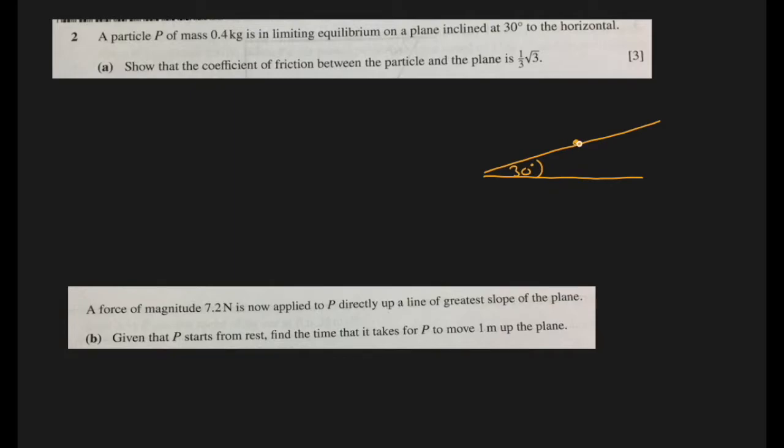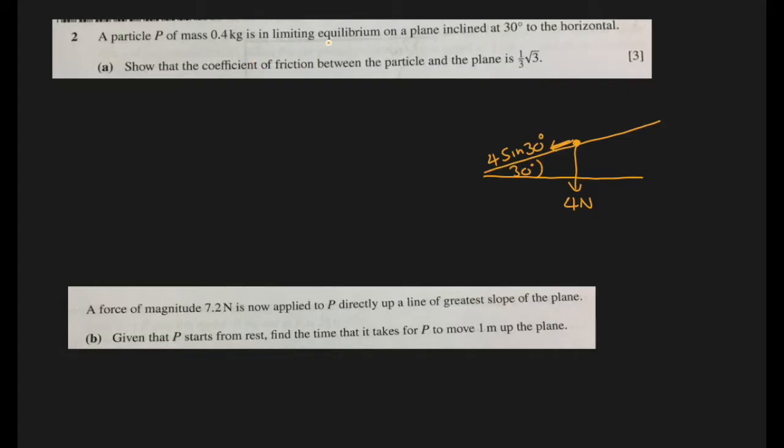The mass is 0.4 kg. That means the weight will be 0.4 times 10, 4 Newton will be the weight towards the ground. And it is in limiting equilibrium. The component of this weight in this direction is always the sine component. So it will be 4 sine 30 degrees.